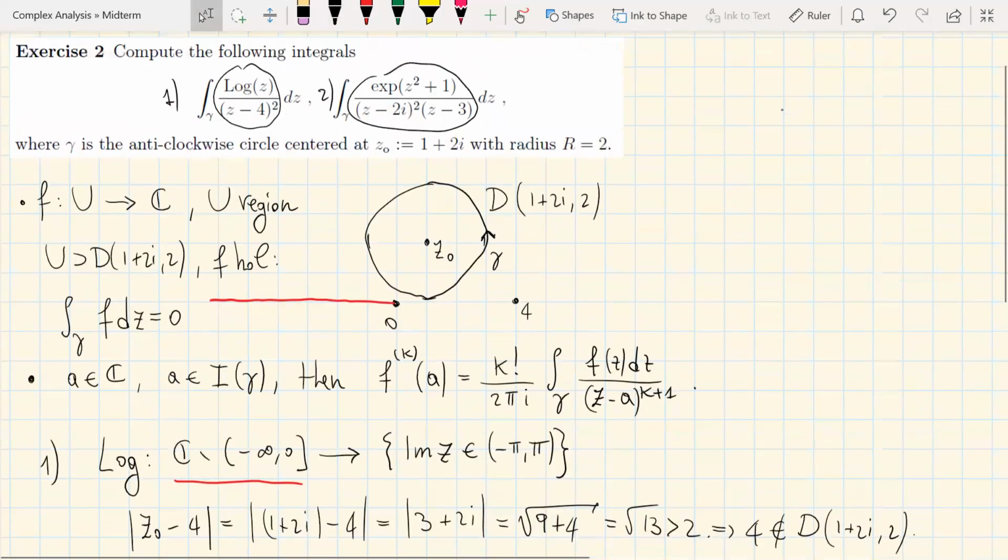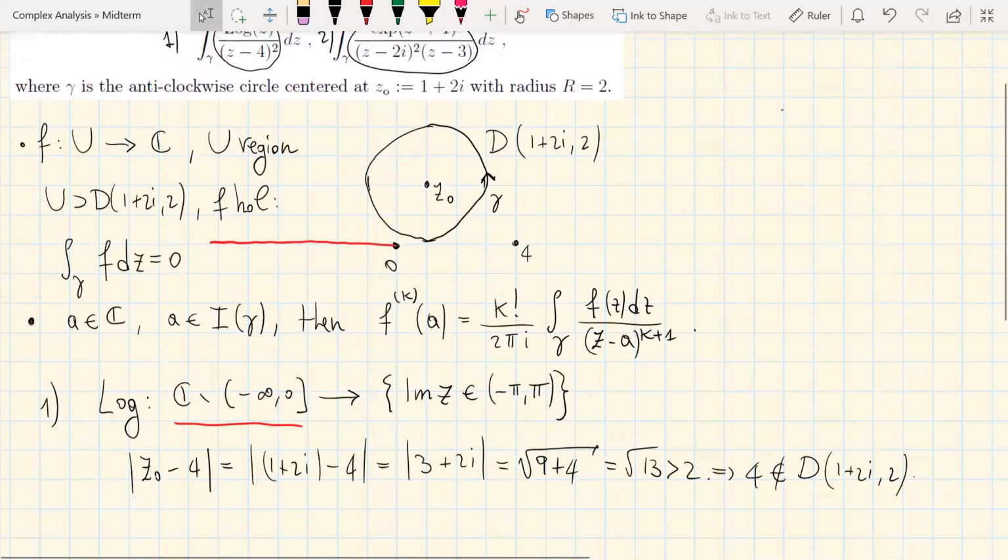And from this, we see that then also 1 over (z minus 4) to the power of 2 is holomorphic.